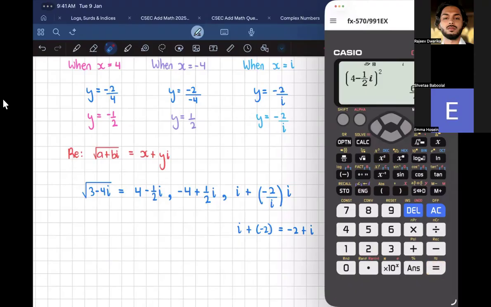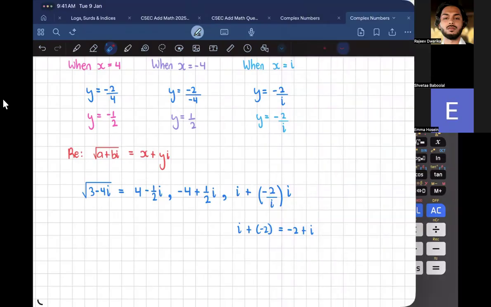That's a bit weird. I'm trying to model my calculator. Square root of... that's interesting.